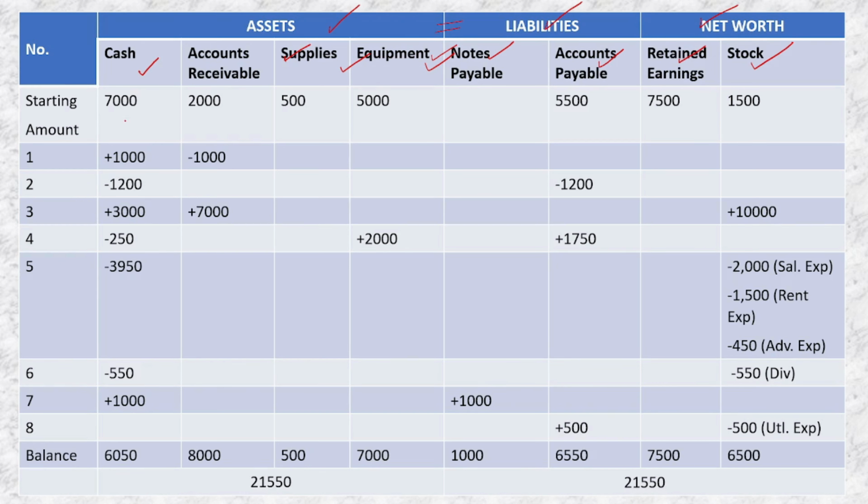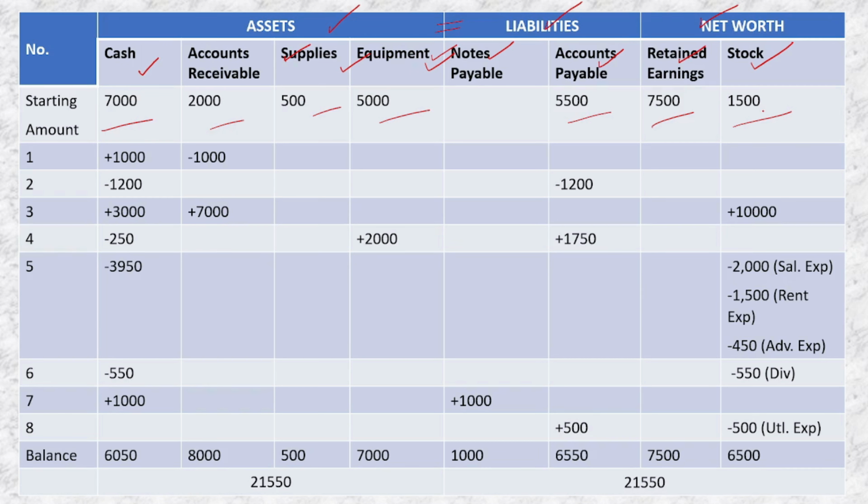So first the starting amounts are to be written down, that is 7,000, 2,000, 500 and 5,000 as per the question. Then we will write down the accounts payable amounts 5,500, 7,500 and 1,500.